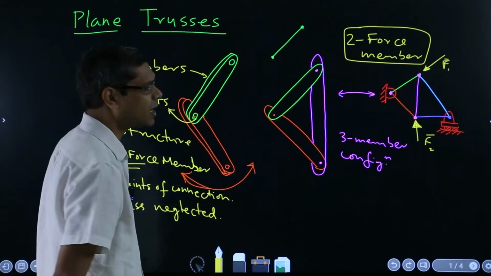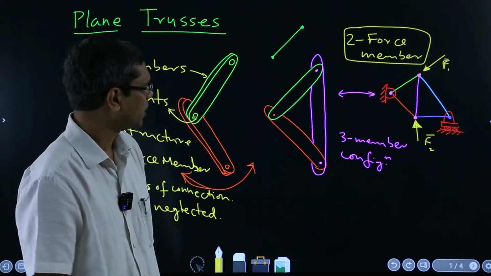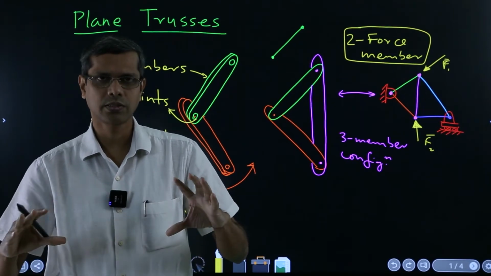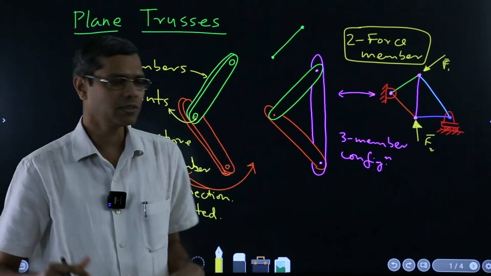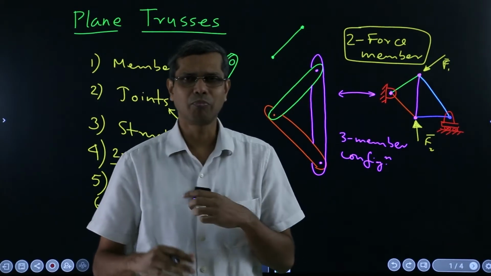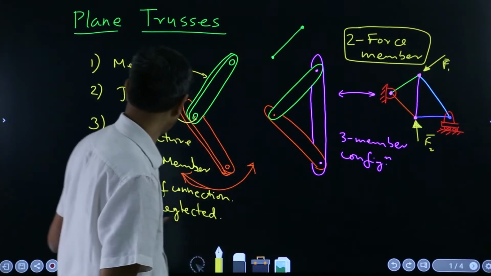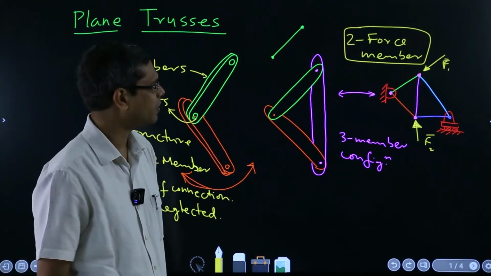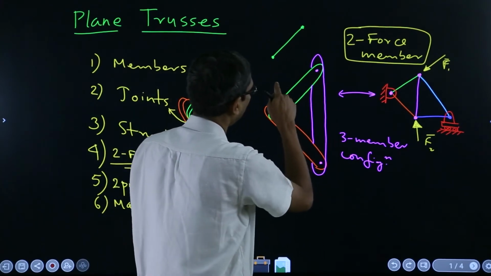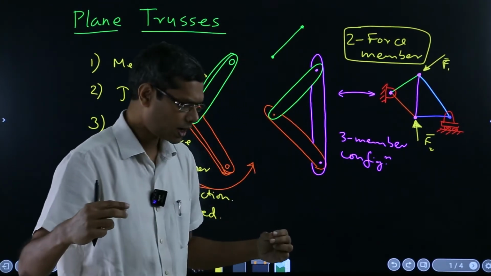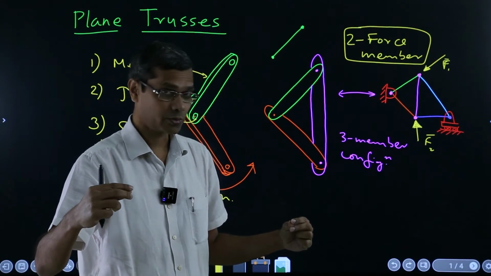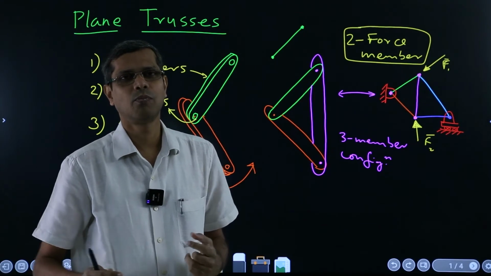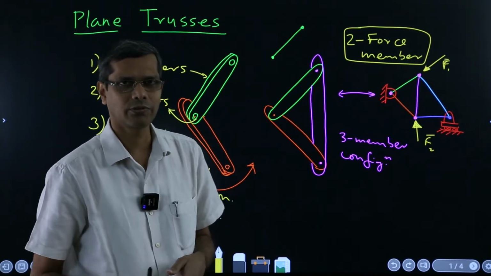These are assumptions which are very practical in a way. As compared to the whole weight that the truss structure actually sustains, mass of each member is completely negligible, and that is how these assumptions are valid to a great practical extent. And now under that condition, when we say that only 2 points are responsible for a member to be connected to the system, there is no way that more type of forces will come.